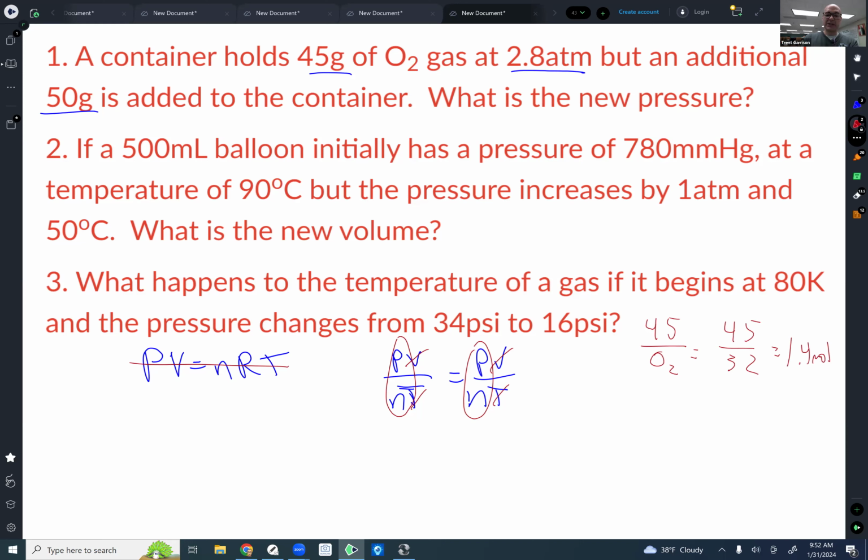So we're going to put into this equation P over N, so I'm going to put the 2.8 over 1.4. We don't know the new pressure, but we do know that an additional 50 grams. So if I were to add 50 grams to this, well, then I would have 95 over 32. And that's 2.97.